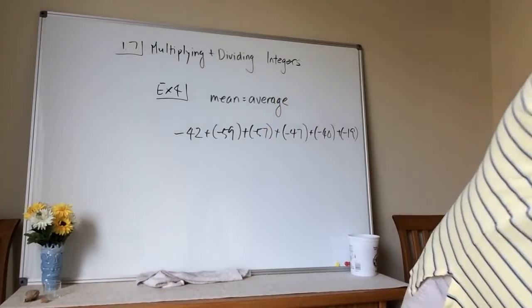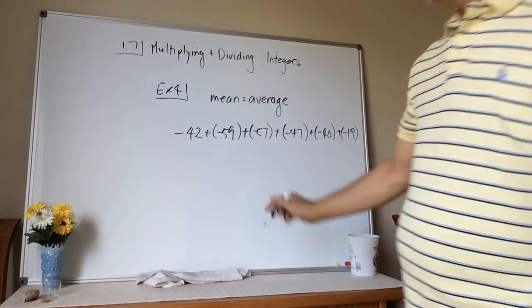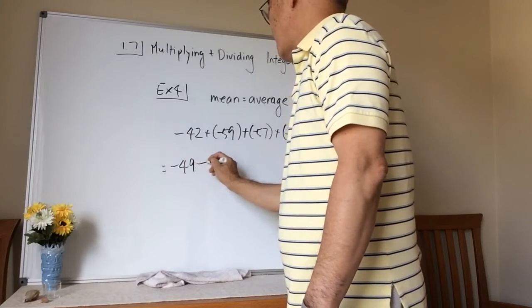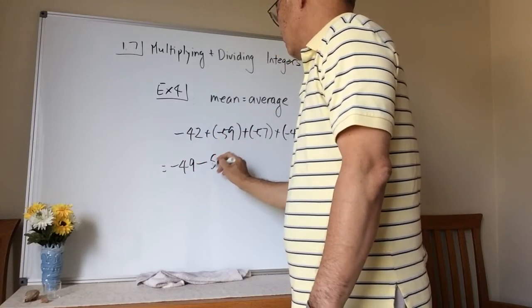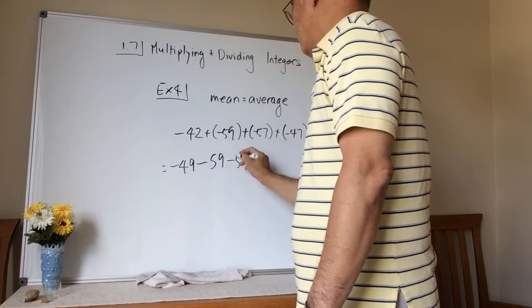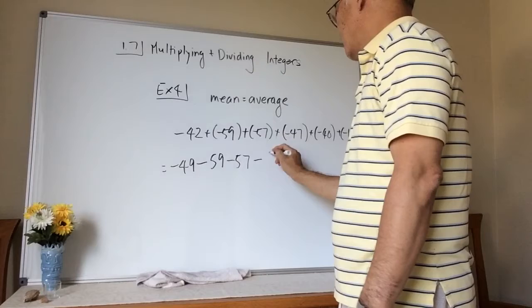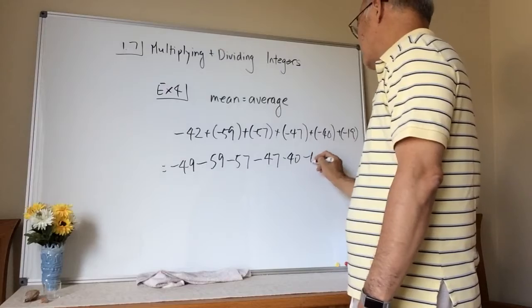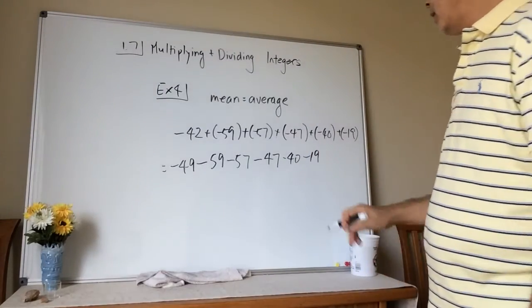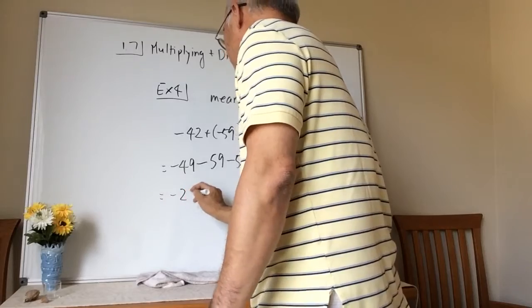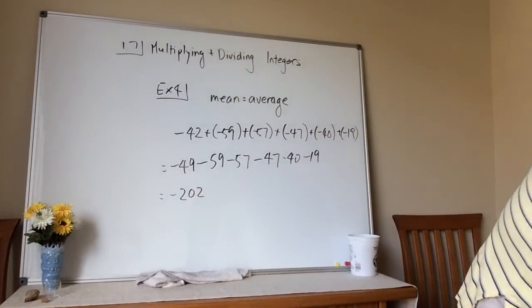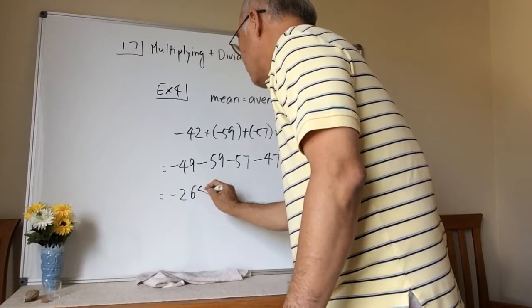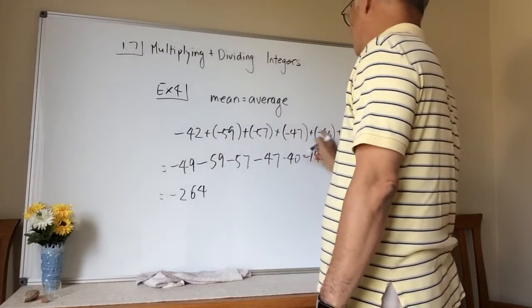If you add them all together, you get negative 264, and we have 6 numbers.